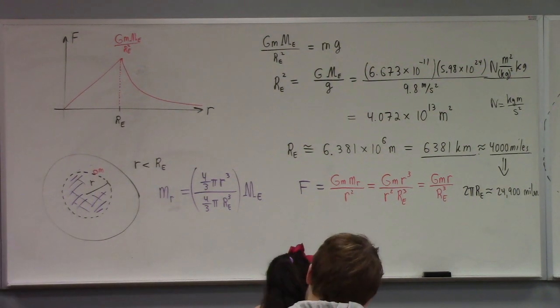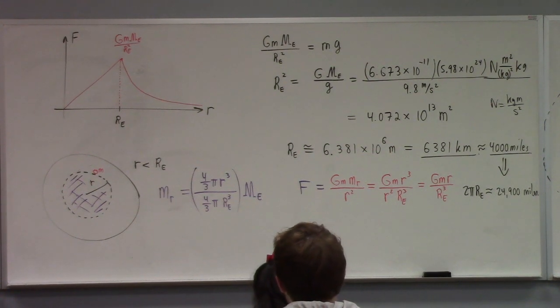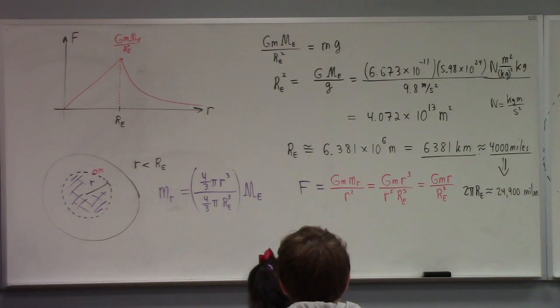So past the radius of the Earth, it drops off as an inverse square, right? But inside the radius of the Earth, the gravity drops linearly to 0. All right, what does the potential energy look like?